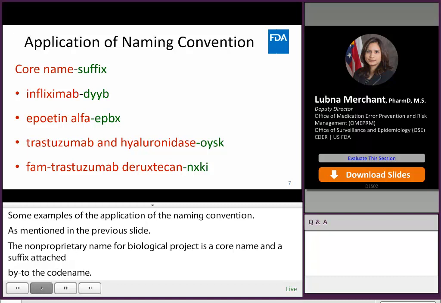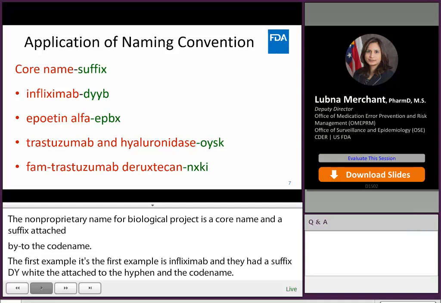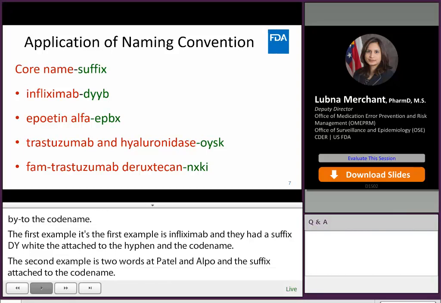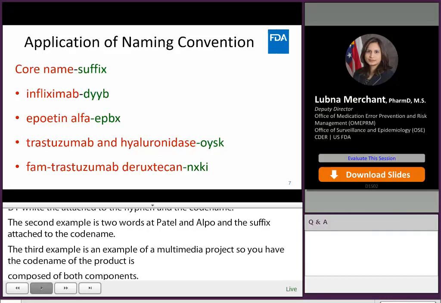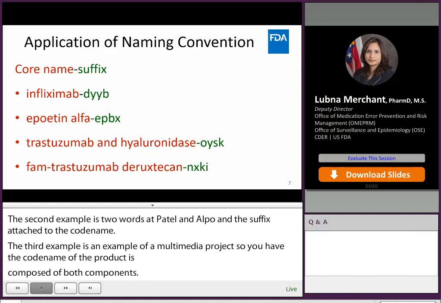In the second example, the core name is composed of two words, epoetin alfa, and a suffix is attached to the core name. The third example is a multi-ingredient product, trastuzumab and hyaluronidase. So here the core name of the product is composed of both components, trastuzumab and hyaluronidase, and the suffix oysk is attached by a hyphen to the core name of the product.